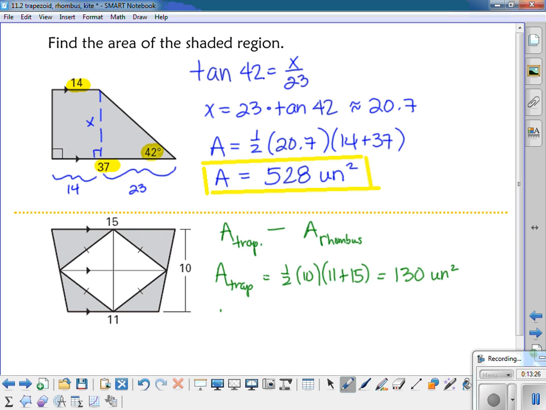Then I find the area of the rhombus, and it is half of the diagonals multiplied together. Well, I can figure out that this diagonal is 10, but how can I figure out the other diagonal?